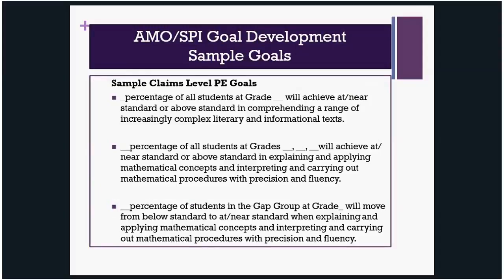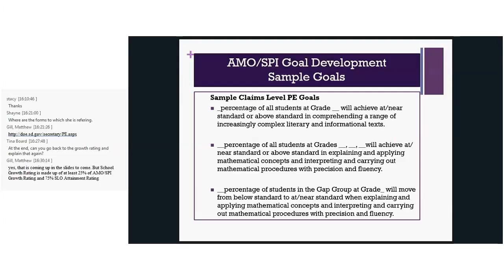So here are some sample goals. These first 3 on this first slide are all related to the data you would pull from the claims level of the SBAC. So blank percentage of all students at grade, whatever grade has been assessed and you choose to focus on, will achieve at or near standard or above standard in comprehending a range of increasingly complex literary and informational text.